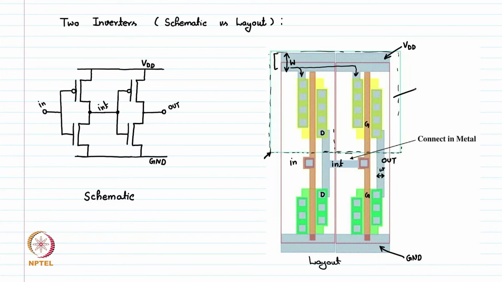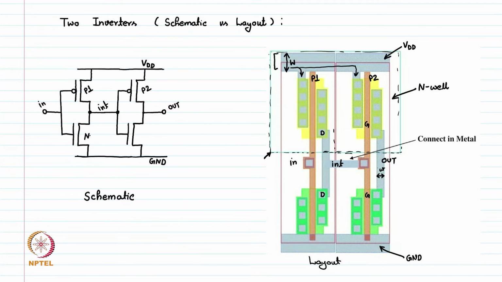So this is the N well, in which we make all the PMOS devices. Let's say we call them PMOS 1 and PMOS 2, so this is our PMOS 1 and PMOS 2.